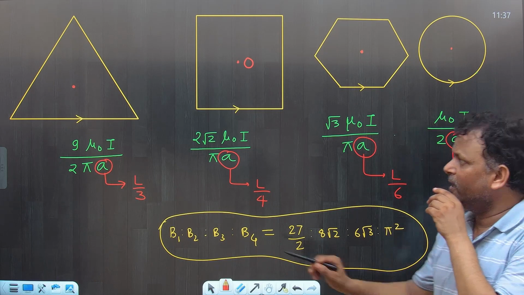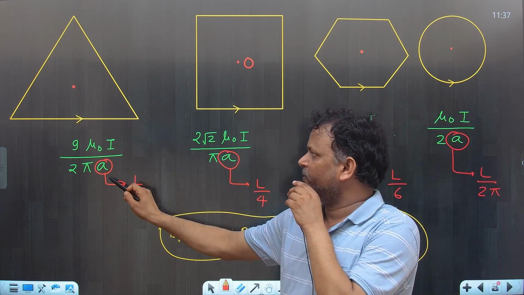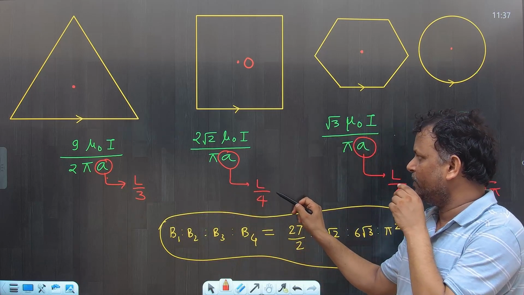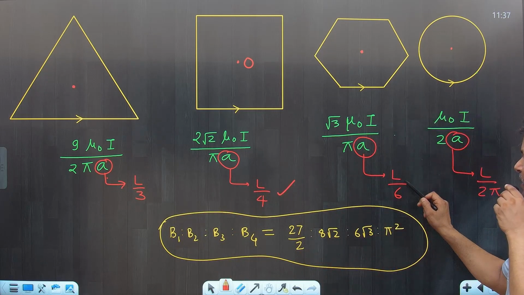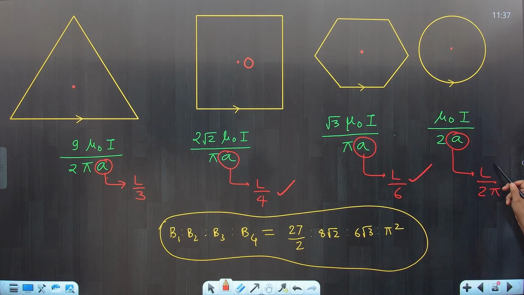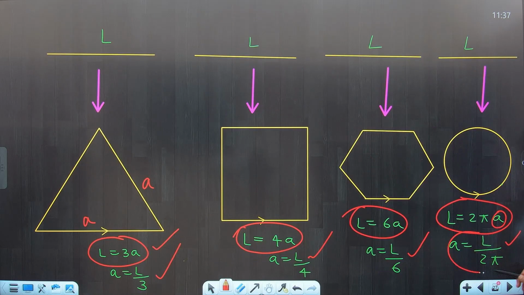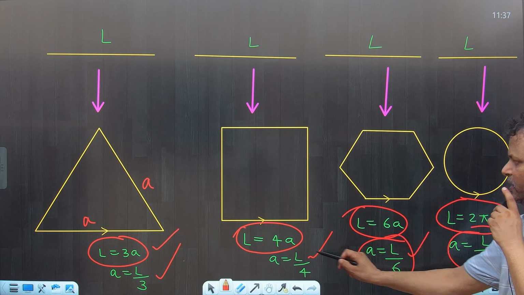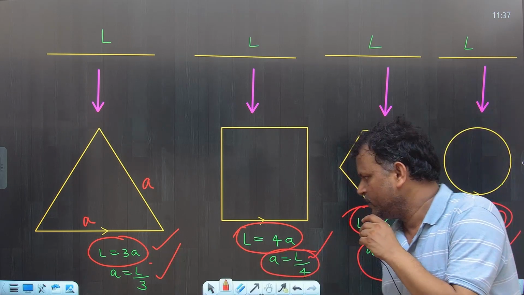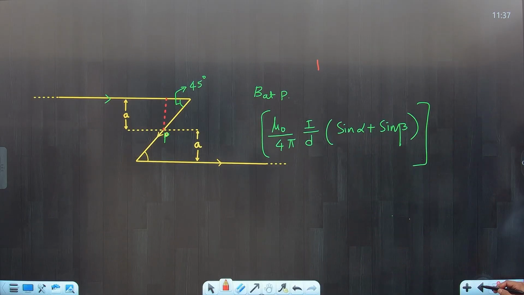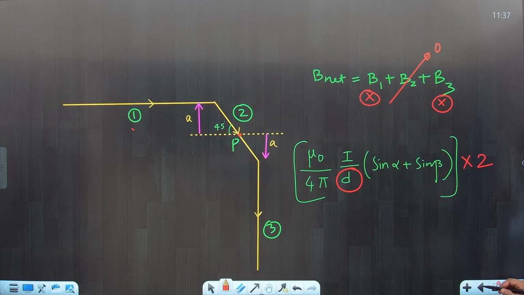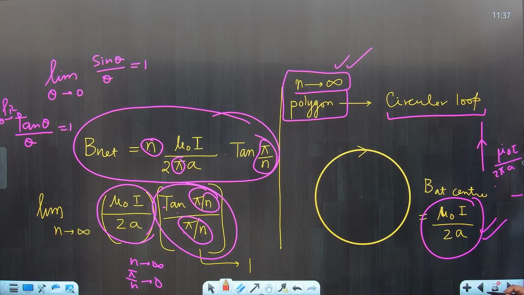So here we will write A equal to L by 3, here A equal to L by 4, here A equal to L by 6, and here A equal to L by 2 pi, because here A was L by 2 pi, here L by 6, here L by 4, here L by 3, right? Earlier we have calculated this, right?